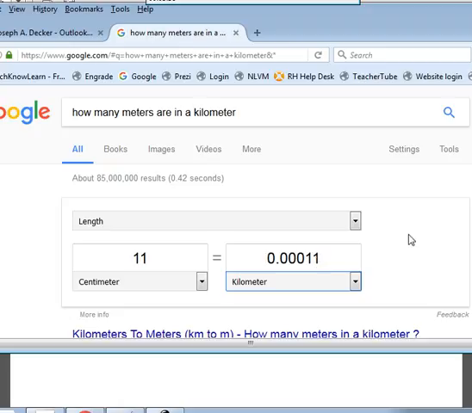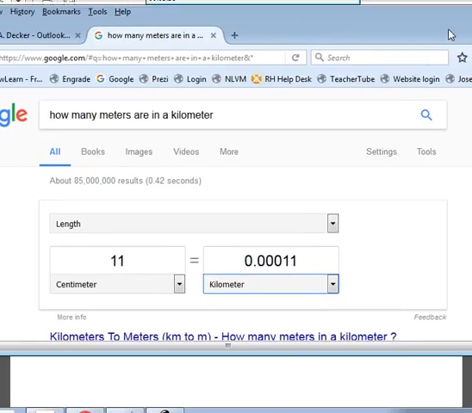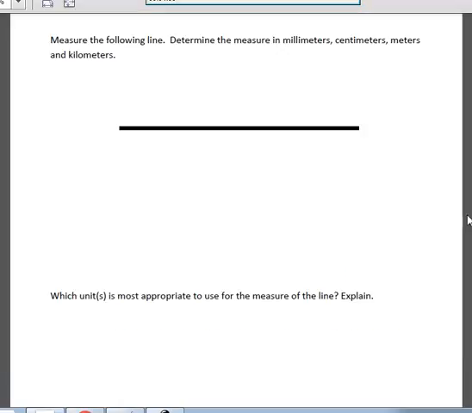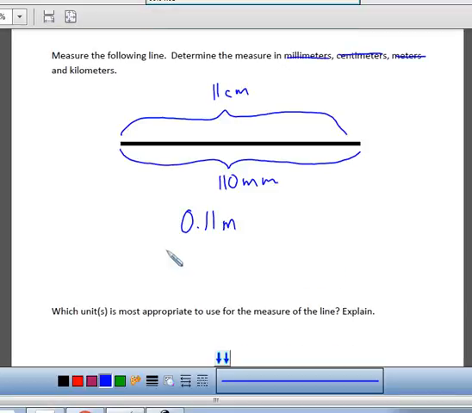So it's 11 hundred-thousandths kilometers. So let's write that down. 0.00011 kilometers.